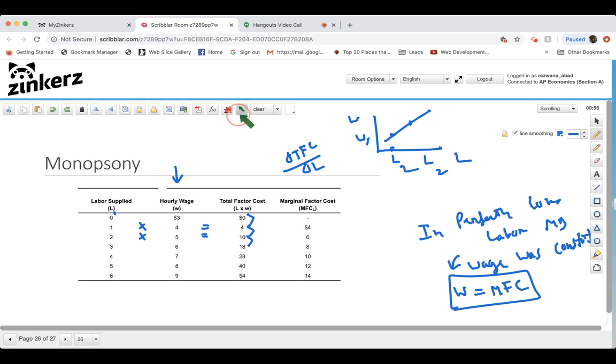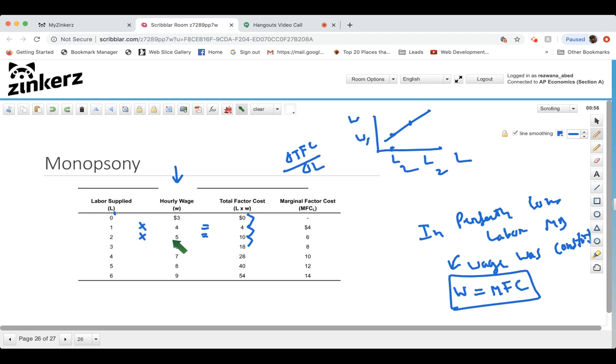And here what we see is that the marginal factor cost is not equal to the wage, because you have to increase wages in order to hire more people, and the marginal factor cost is actually higher than the supply curve. So for the first worker, the hourly wage that we pay him is $4, and the marginal factor cost is $4 for that first worker, so that's fine.